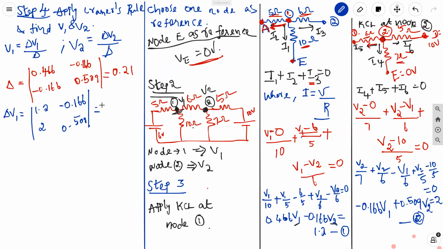Del V1 is 0.94. Yes, good, Sathi, correct. 0.94. Yes. Next, del V2. Replace the second column with the constant term and keep the first column, 0.466.